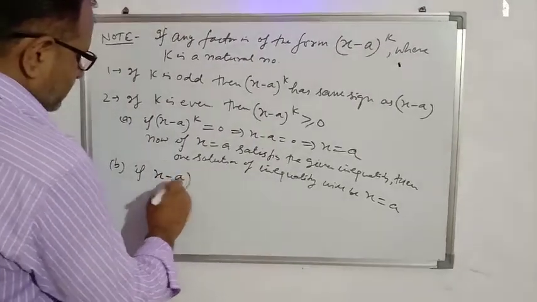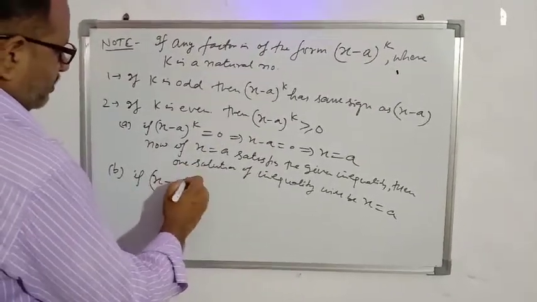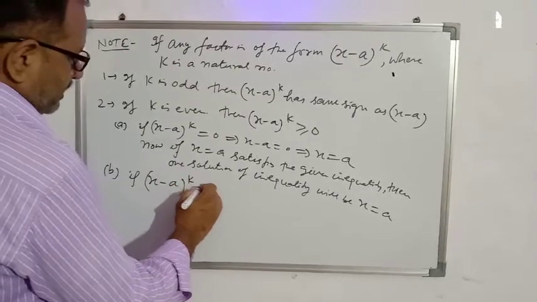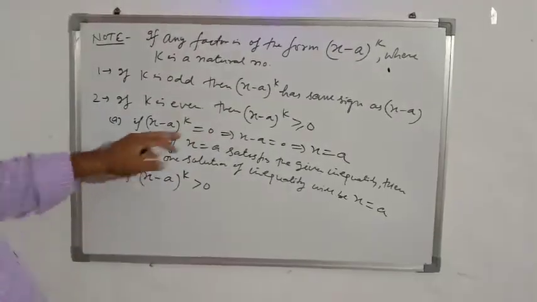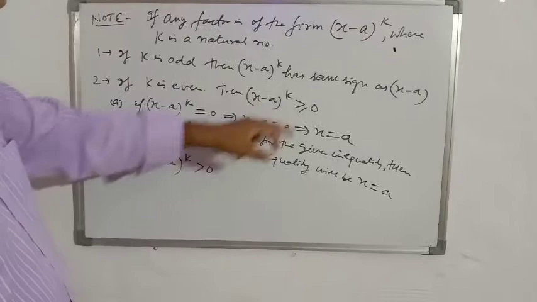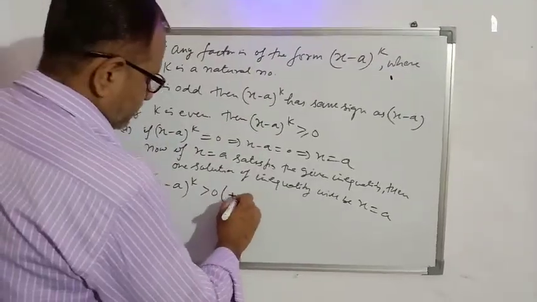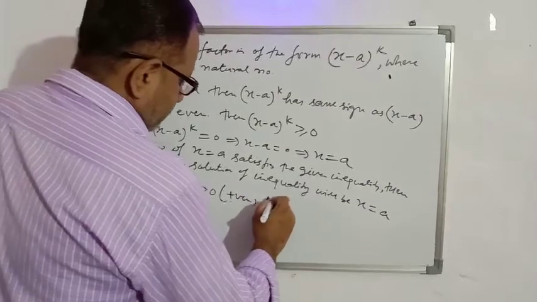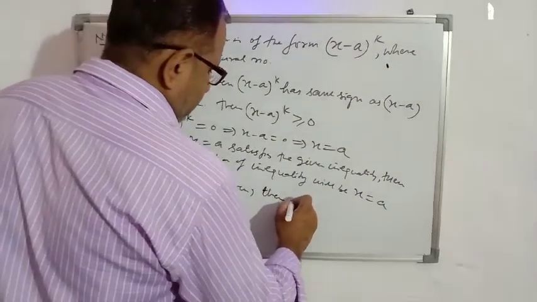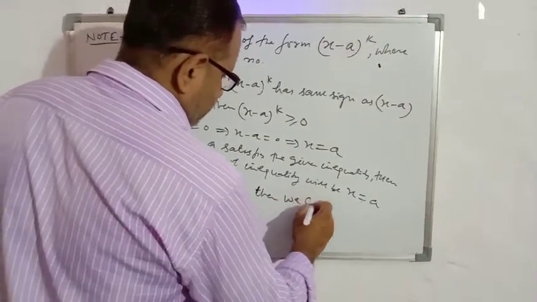And second case, if x minus a to the power k is greater than 0. Here I have taken equal to 0. If x minus a to the power k is greater than 0, means positive, then we can ignore it.